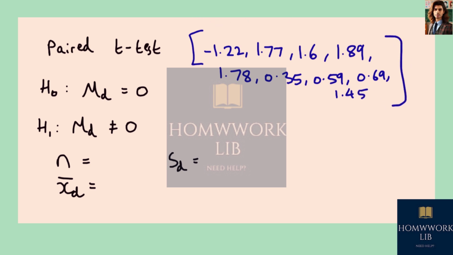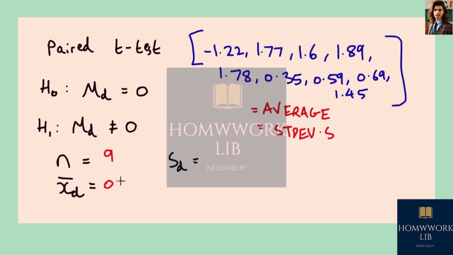Those are the differences. Now for the mean and standard deviation, I'm going to keep using Excel. I need average and standard deviation dot sample, because it is a sample. Now the number of pieces of data is 9. We have 9 pairs here.